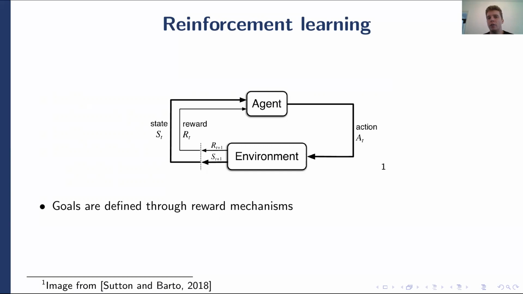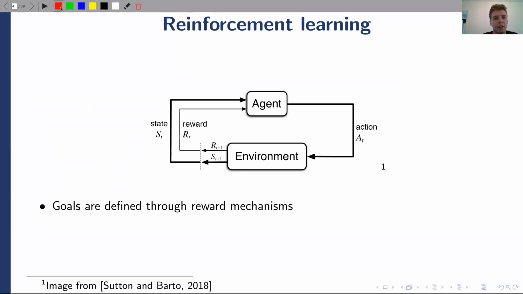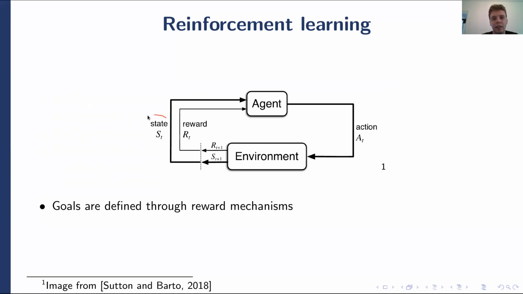So how does the agent interact with the environment? An agent will observe, at a given time step, and these are discrete time steps, so you can imagine that time starts at 0 and then is increased to 1 and is increased to 2 and so on.